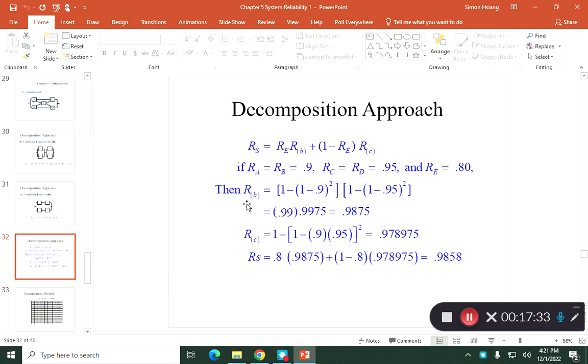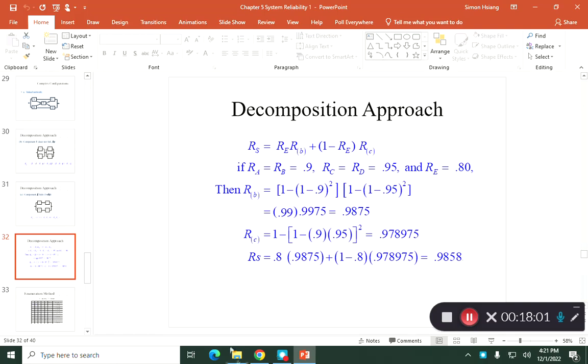So now the entire system becomes RB as a numerical value, RC as a numerical value, and the weighted average between the fail of RE and the success of RE times their relative system configuration. So now this has become a decomposition of a complex system. Can you guys see that?